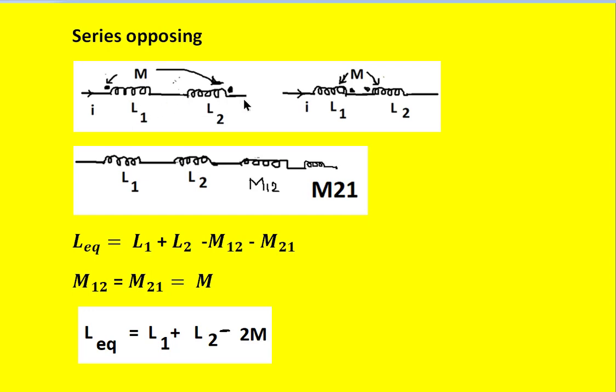That means the two fluxes produced by L1 and L2 will oppose each other. Similarly here, in the first coil, current flows through coil 1, then leaves the dot, whereas in the second coil, current enters the dot and then flows through coil 2. So here also the two fluxes will oppose each other.